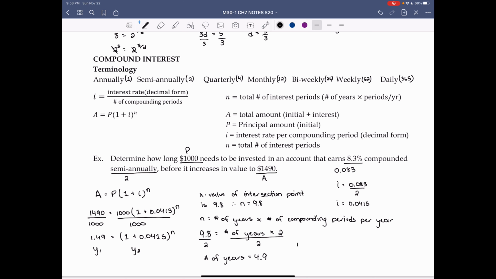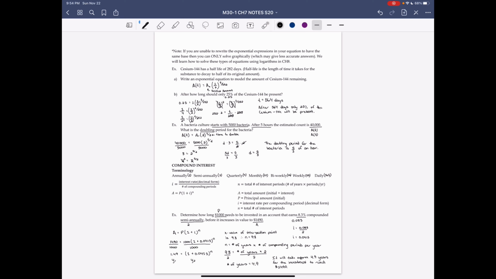Then we can say it will take approximately 4.9 years for the investment to reach $1,490. That brings us to the end of the Chapter 7 notes.